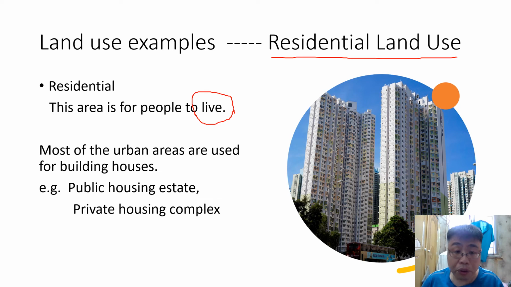And there are two types of residential housing in Hong Kong: public housing and private housing. An example is the Wafu Estate near our school. And the example of private housing is also the Chifu Garden above our school.